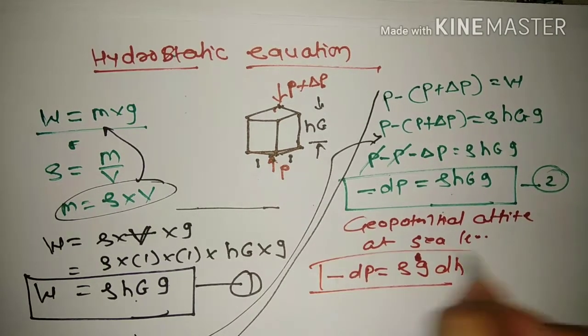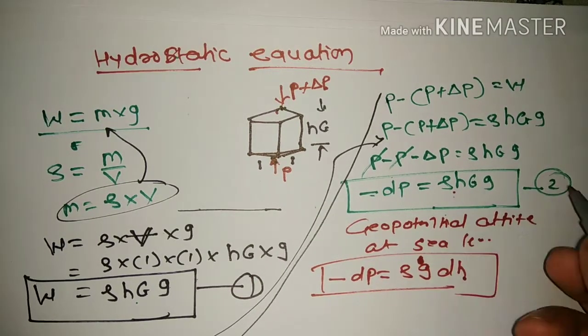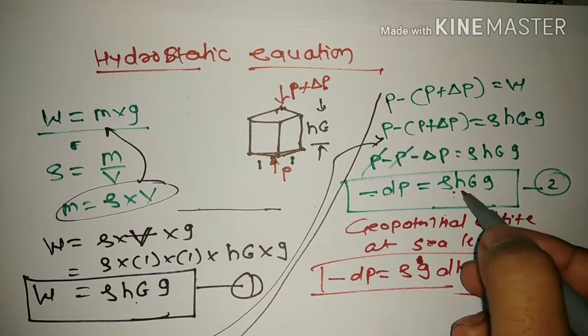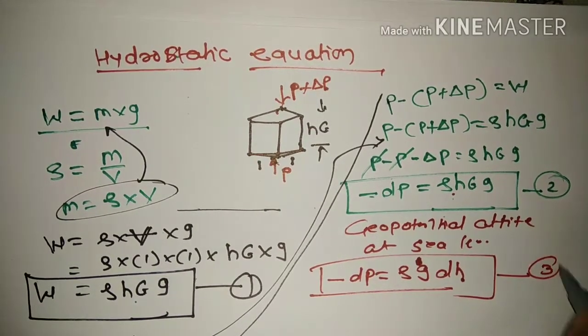Okay, the only difference between this is delta h, or this will be h, right? This is the only difference. So now we are going to divide. This is the third equation.